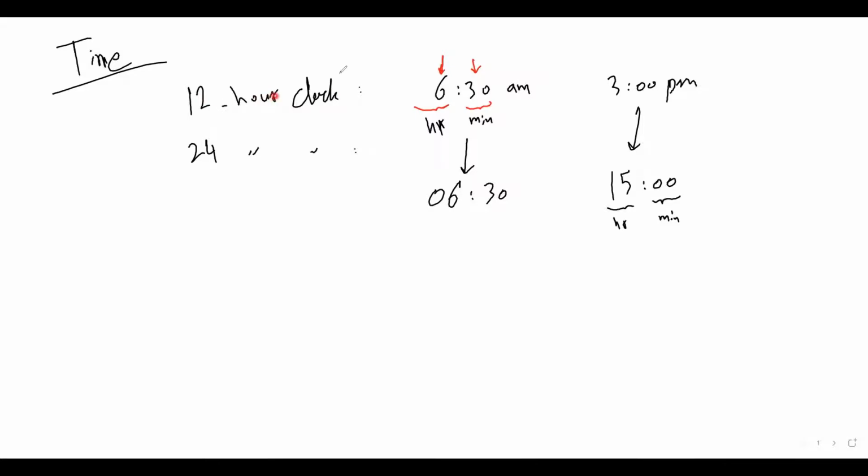And what makes it difficult is when you want to add and subtract time, for example, the time of arrival from the time of departure, or the time that you start doing your homework and the time that you stop, you want to do the subtraction, see how long it took you to do that specific task. What you have to bear in mind is that this represents minutes and this represents hours.